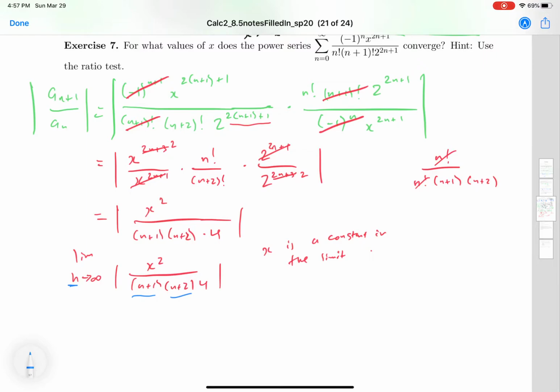So this is always going to equal some number divided by infinity, which is just going to equal 0. And that'll be true for all x, whether x is a huge positive number, a huge negative number, or whatever. So this power series we saw here converges for all values of x.